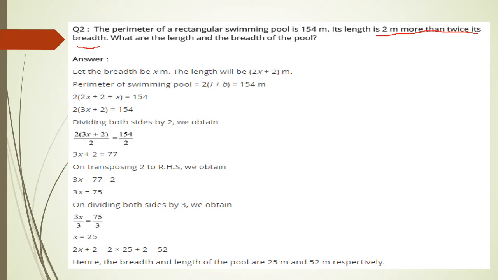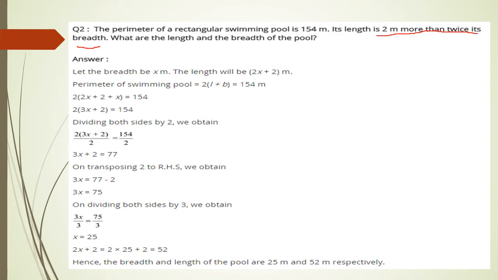This value is not related to the question. Children, its length is 2 meters more than twice its breadth means length is twice its breadth, 2 times the breadth. 2 meters more means 2 times the breadth plus 2 meters.